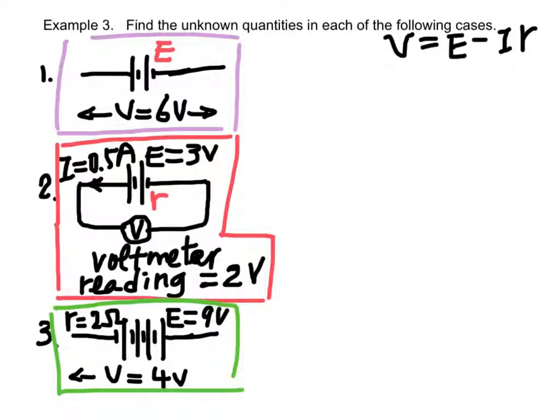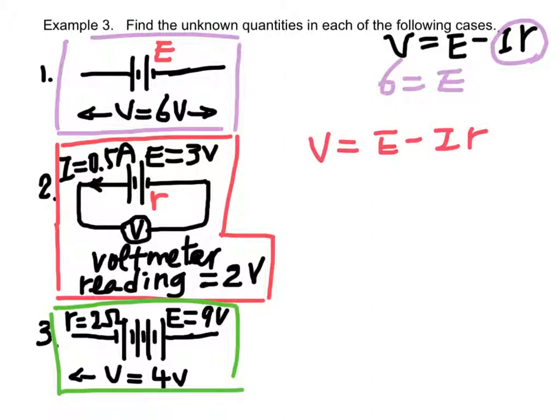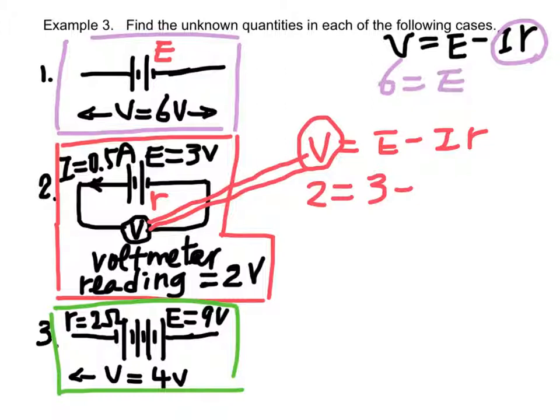Case 1, we have 6 equal to E, since I and r are both equal to 0. For case 2, V equal to E minus Ir. The terminal voltage is the voltmeter reading, which is 2 equal to EMF 3 minus current 0.5 r.